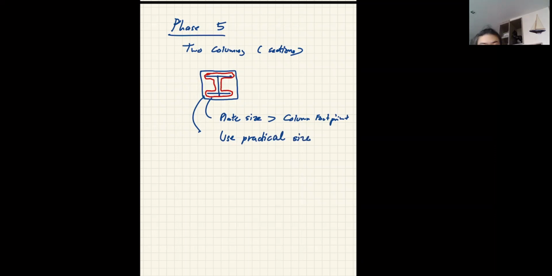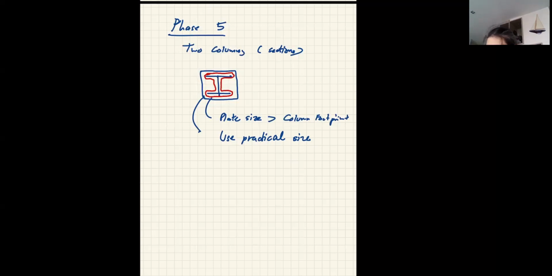Once you have the practical size, understand that on one hand you will have the calculated value, for example you need this size, but on the other hand the calculated value is not the one you should use because of construction and fabrication reasons. So make it practical, and it should of course cover the need from concrete crushing.